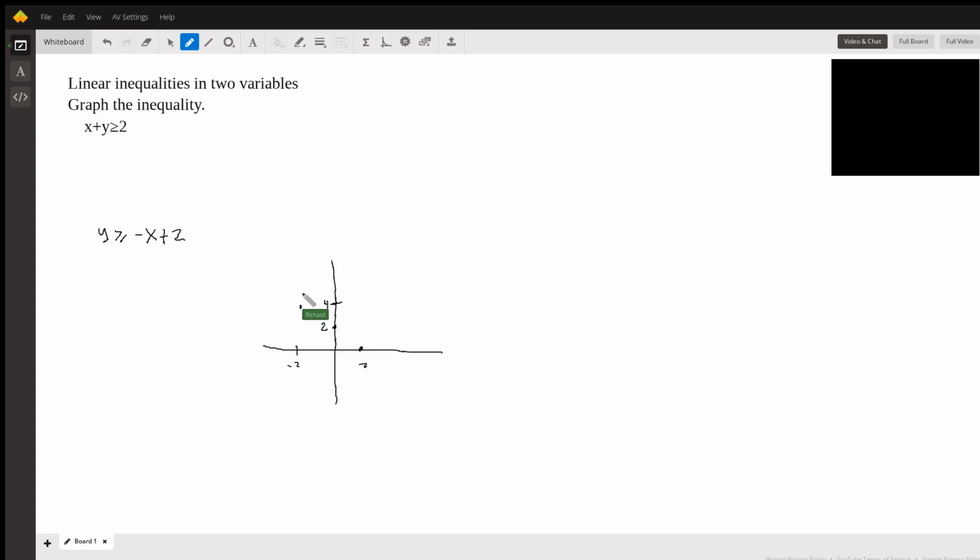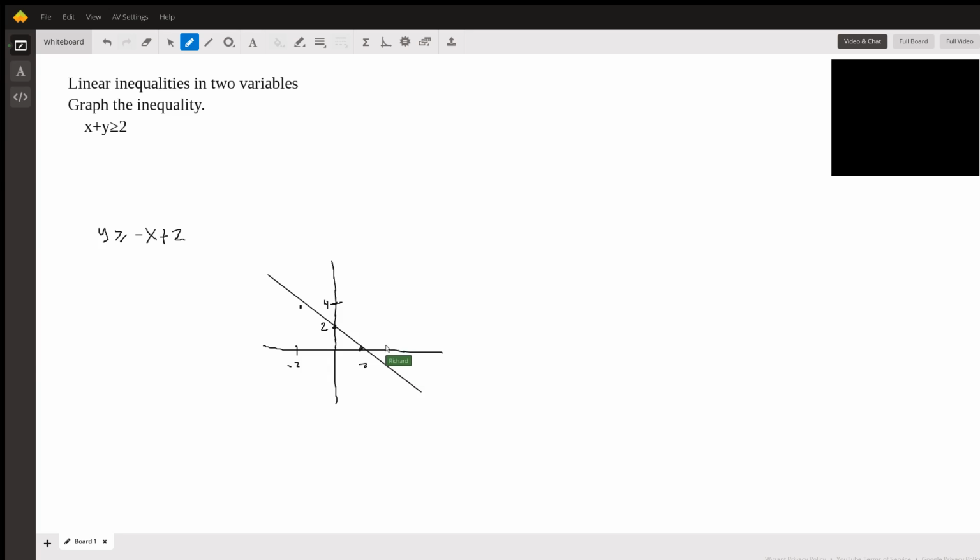Normally what we would do is fill this line in, but we have to think about what we want to fill it with. Do we fill it as a solid line or a dotted line? We're going to use a solid line because of this equal sign. That's going to cause us to use a solid line. So when I go to draw this, I'm going to use a solid line all the way through.